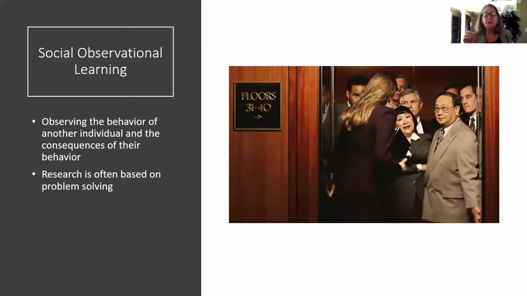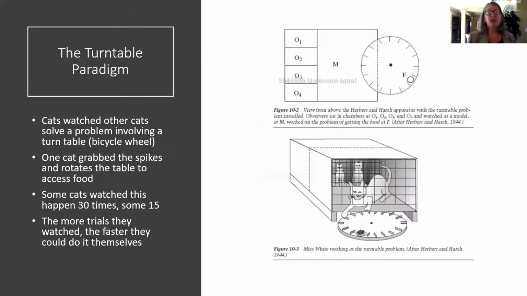There's a lot of research done looking at problem solving when it comes to social observational learning. And initially, a lot of it was done with animals, and it seemed as though animals could not learn by watching another animal perform a problem solving task. But that quickly changed with the turntable paradigm.